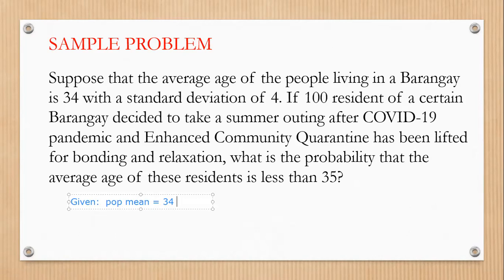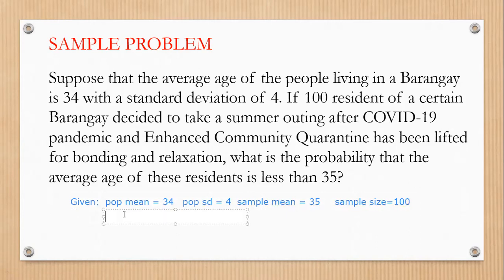And then what else? The population SD, which is equal to 4. And then the sample mean, which is equal to 35. And the sample size is 100.